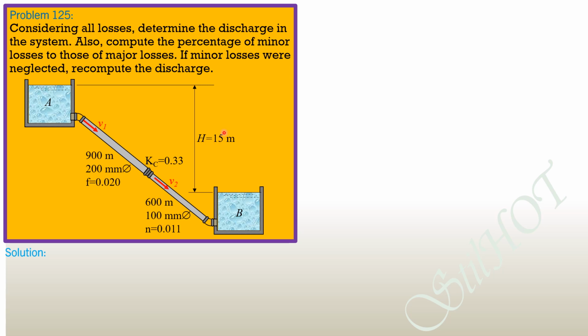So by experience, if you write the energy equation between points on the water surfaces exposed to the atmosphere, then we can show that the head loss is equal to 15.